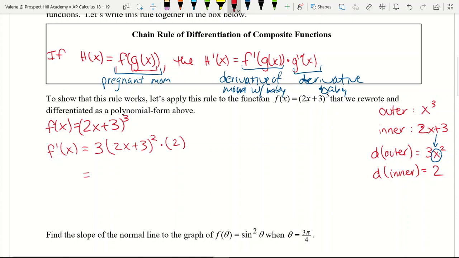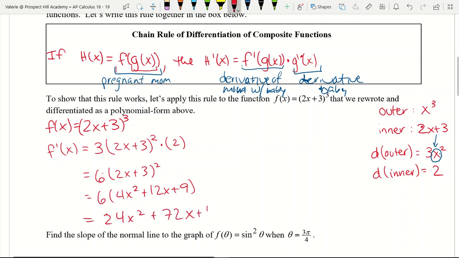So when we simplify this, we have 6 times 2x plus 3 squared. 2x plus 3 squared is 4x squared plus 12x plus 9. And that times 6 is equal to 24x squared plus 72x plus 54, which is what you should have gotten above.